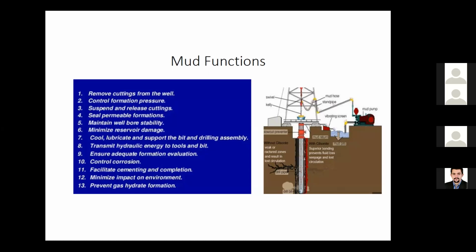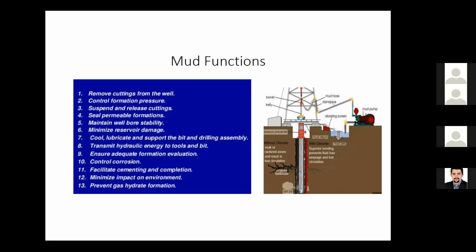To cool, lubricate, and support the bit and drilling assembly. Transmit hydraulic horsepower to the tools and bit. And ensure adequate formation evaluation by evaluating the cuttings on the shale shaker.